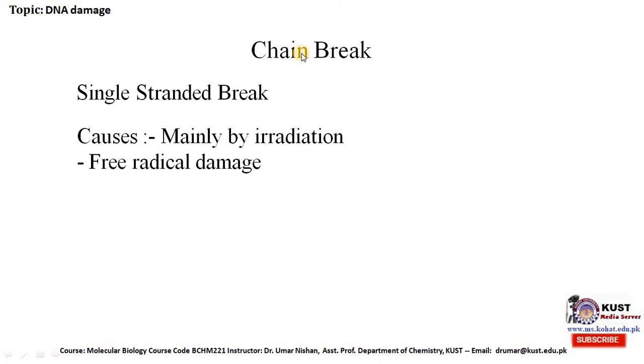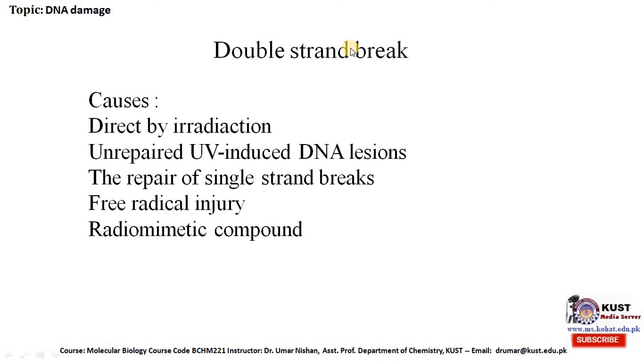Now another way in which DNA damage can occur is chain break. This chain break can be a single stranded break. It is caused mainly by irradiation, or free radical damage can also result in single stranded break. Double strand break can also happen, and there are different causes of this.